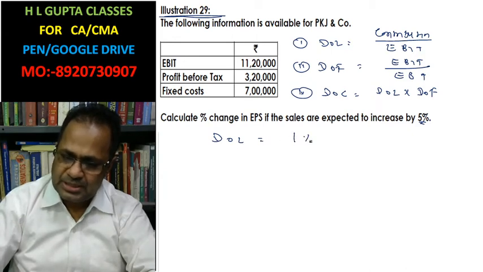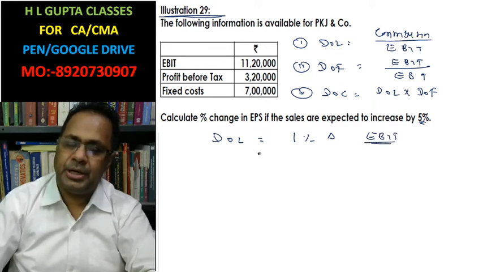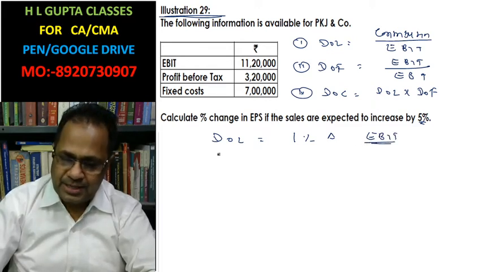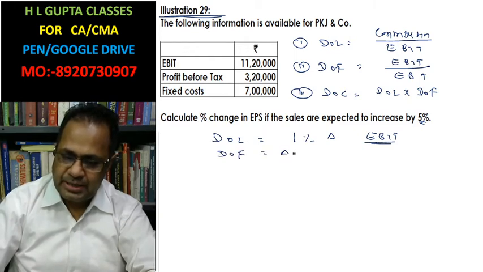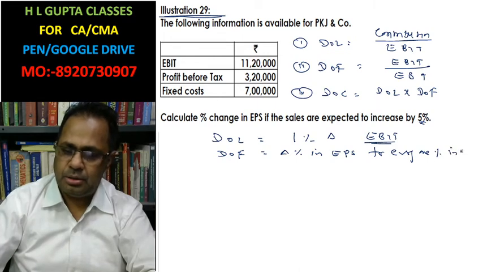Degree of operating leverage represents percentage change in EBIT for every 1% change in sales. Degree of financial leverage represents percentage change in EPS for every 1% change in EBIT.